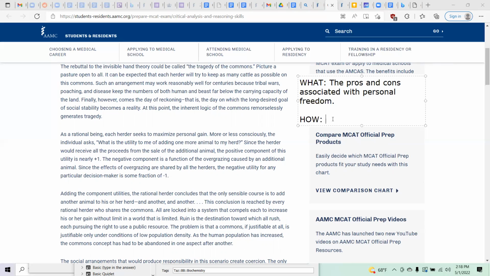I think they're trying to say that if we don't pay good attention to our personal freedom, then you cause trouble as a collective, for the collective, if that makes sense.